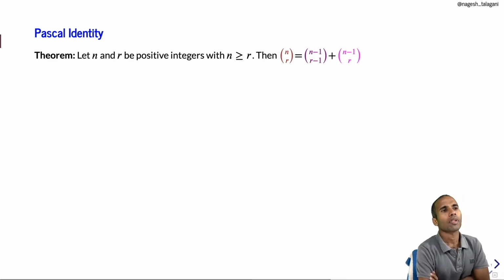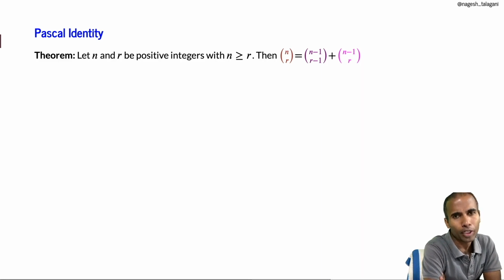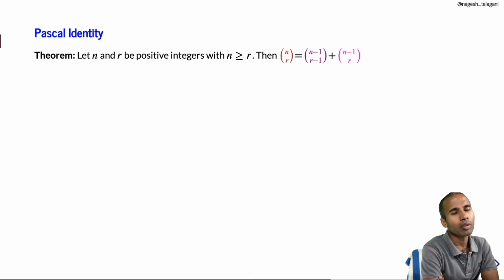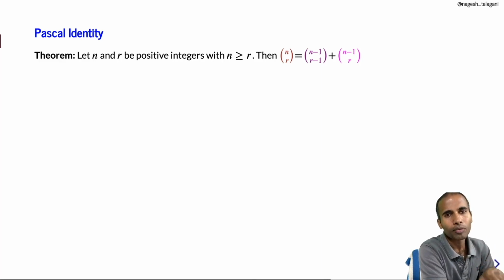Okay, let me give an intuition here. Here we want to come up with a combinatorial proof, right? Let's say we have a class with n students and we want to select a group of r students. How many groups are there? n choose r, right? Now, these groups we are going to classify into two types: groups with CR and groups without CR.